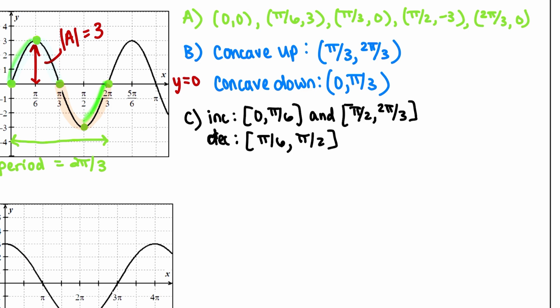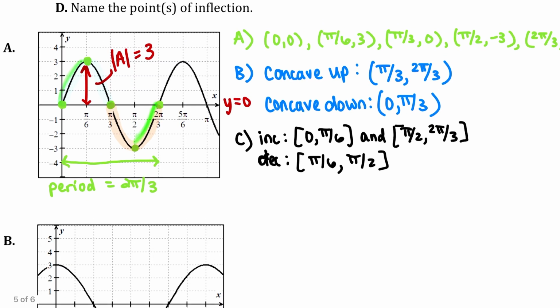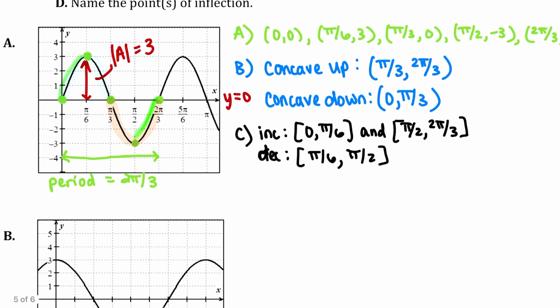Awesome. And then finally, our points of inflection. Our points of inflection are where our graph changes concavity. So we can look at part B for reference, but they also told us that it lies on our midline, so that's really helpful. There are 2 points here, right?